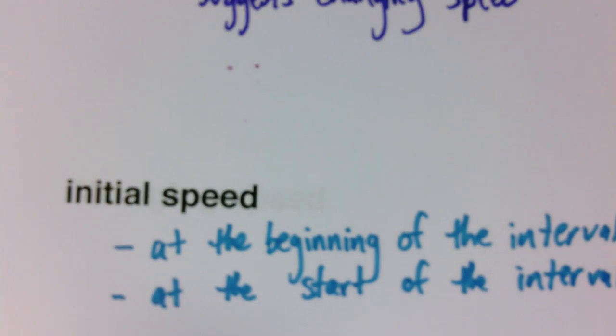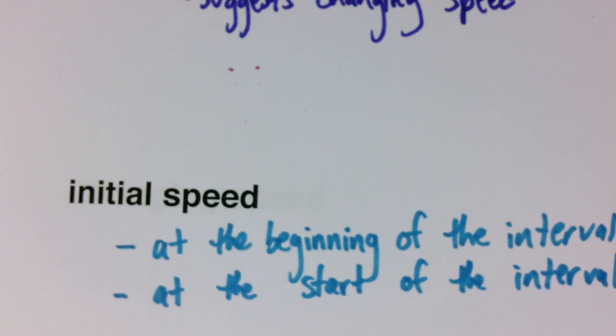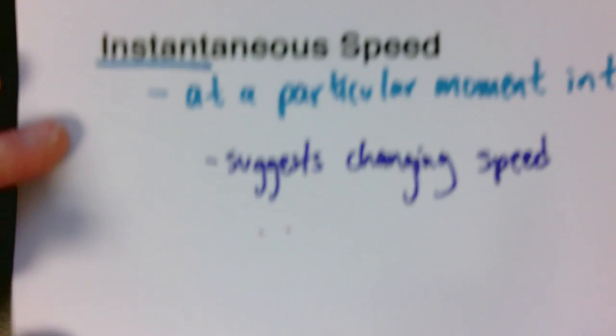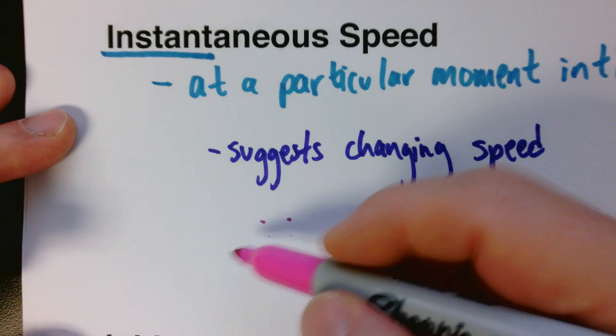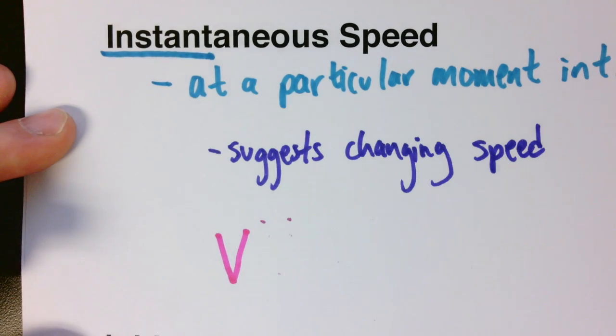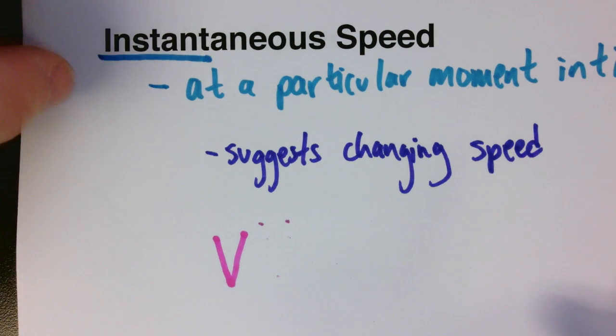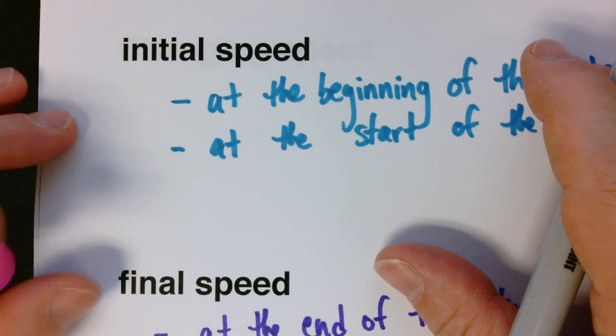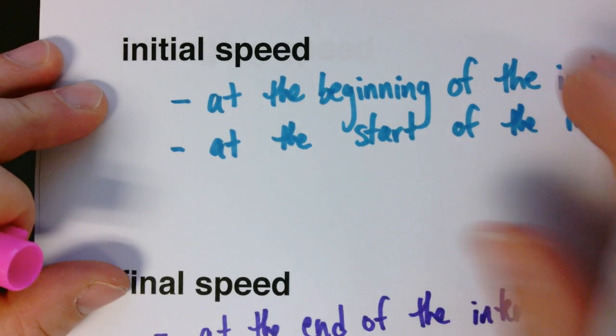Now each of these has a particular letter that gets used for them, or a variable. Each of these is a quantity, and each of these quantities has a variable. Instantaneous speed always has the variable v. It is just simply lowercase v. Initial speed actually has three different variables that mean the same thing.